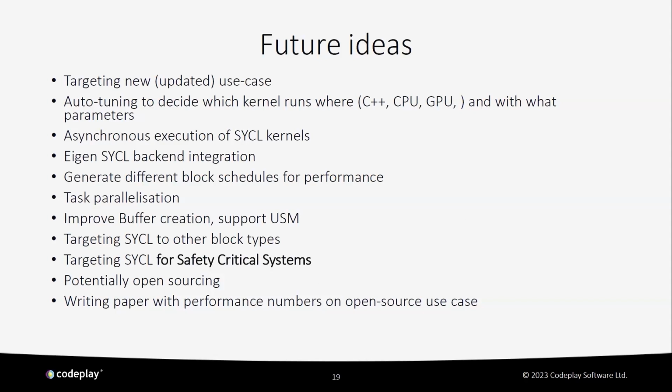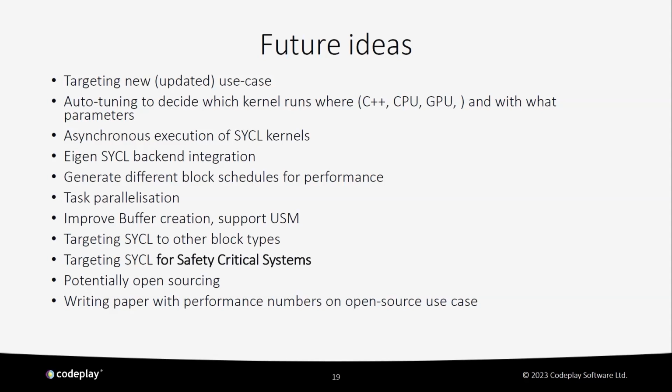This takes me to future ideas. First, targeting new and updated use cases. We're still working on battery management system models, and there's an open source project I'm looking at, and I would really like to publish the results of the conversion and show how this works on an industry-grade project.